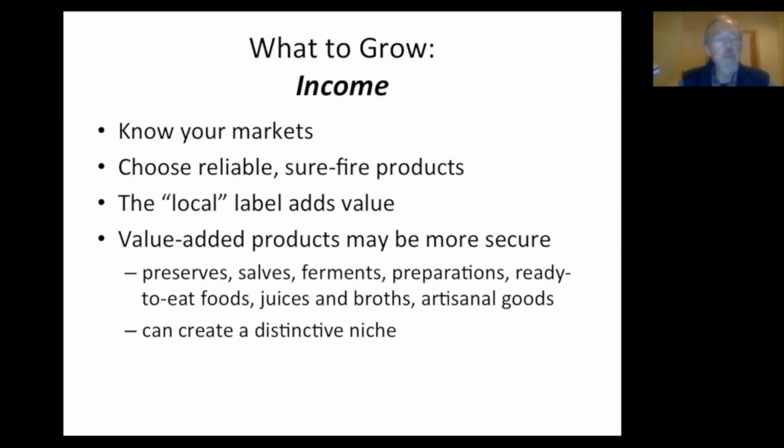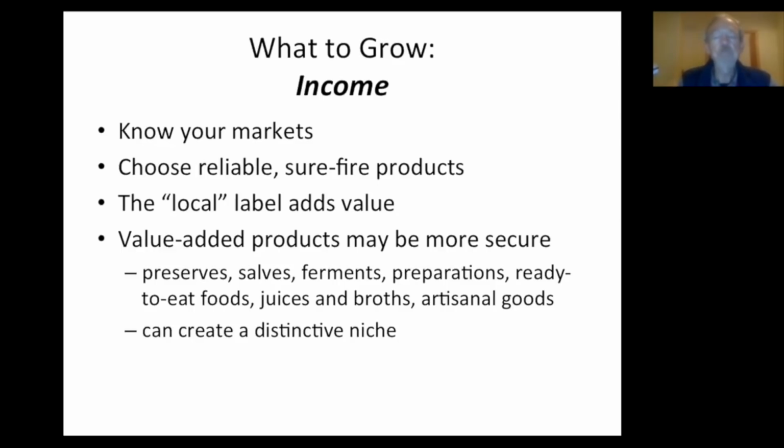So things that there's a market for and that you can grow. Get some help, ask other people, other market gardeners. And just the idea of the fact that it's local. Local is a label that adds value. So just by saying this is locally grown, locally raised honey, locally grown medicinal plants, you've got a little extra value added there.